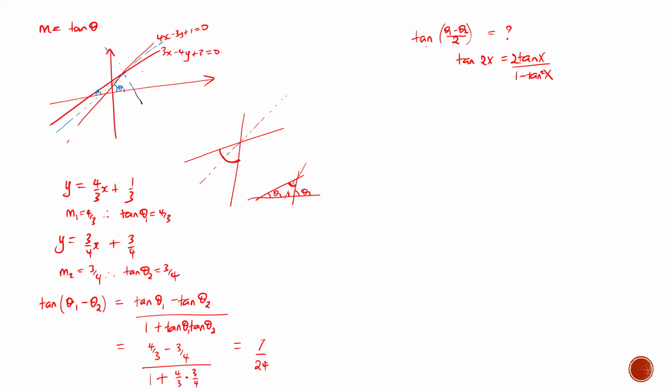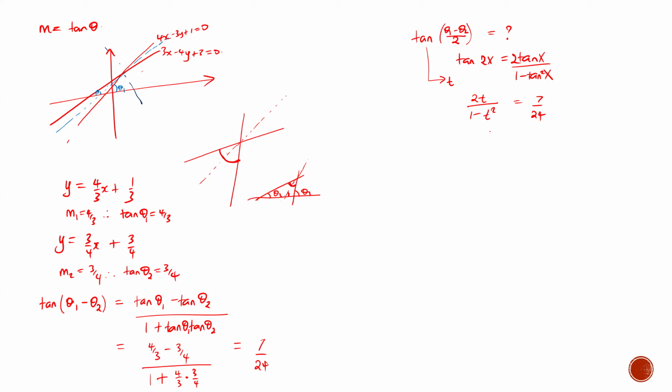So I'm just going to let this be t, and then we can use the t formula. So 2t over 1 minus t squared is equal to 7/24. And then our task becomes to find t. Notice that we're going to get a quadratic equation, and because of that, we have to be careful about the roots that we get. One of them will be relevant to our question, and the other, we are not so sure whether it will.